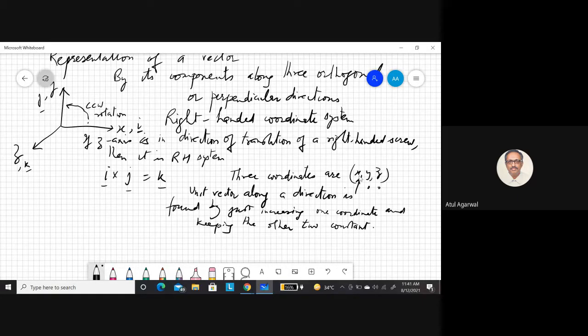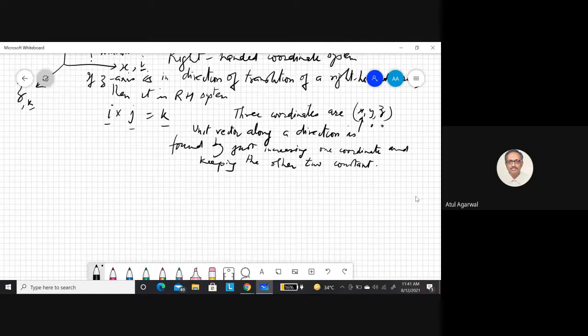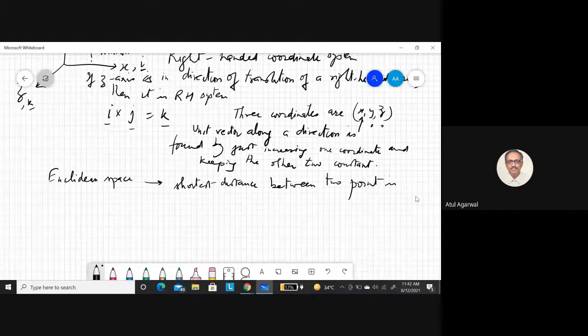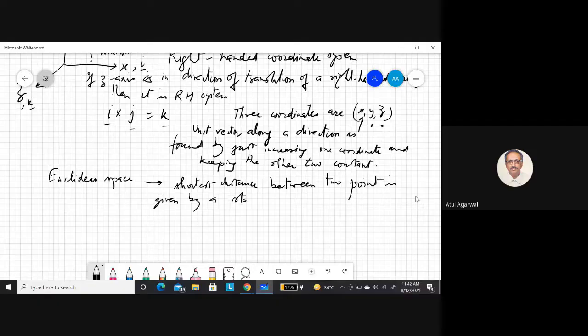Now also one more thing. Here we are dealing with a Euclidean space. Euclidean space means the shortest distance between 2 points is given by a straight line joining them.